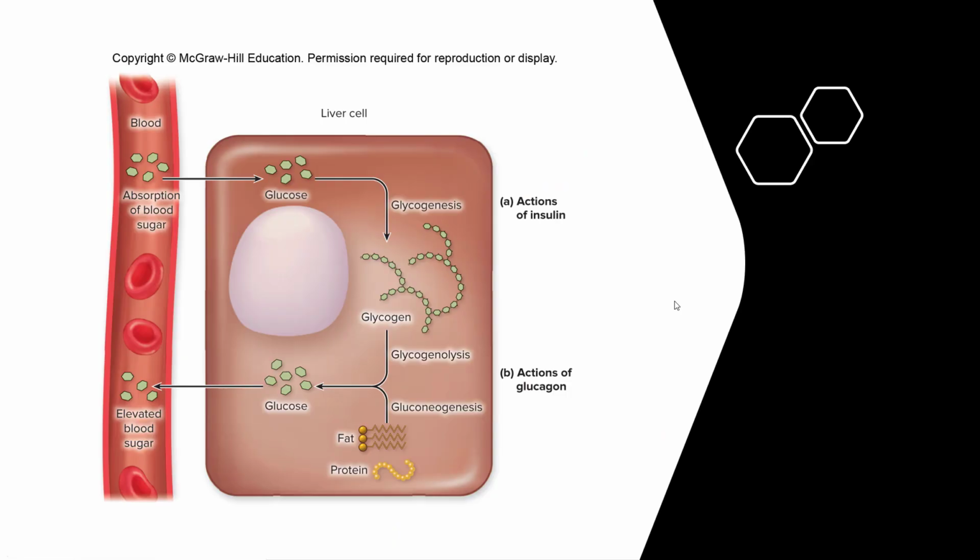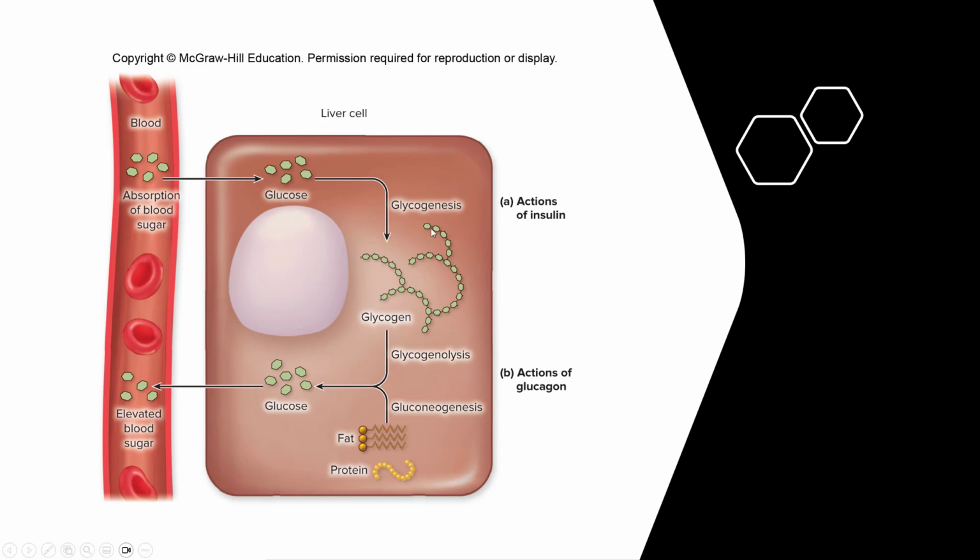But what about at the cellular level? Here we're seeing a cell. When there's blood glucose that's elevated, that glucose needs to get into the cells. So insulin allows that to happen. It actually inserts a protein there that brings glucose in. Glucose comes in, the cell either uses it for cellular respiration or to produce glycogen, if this is a liver cell.